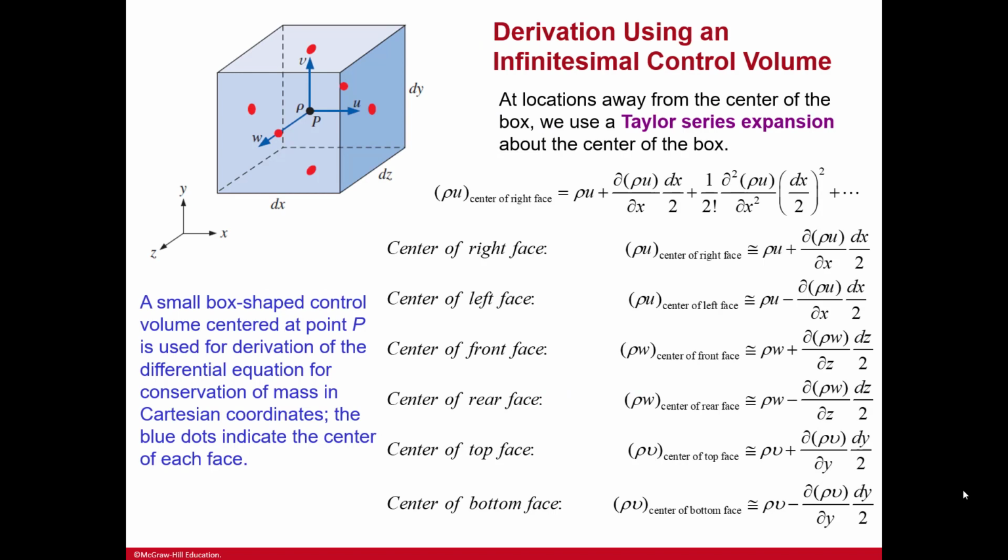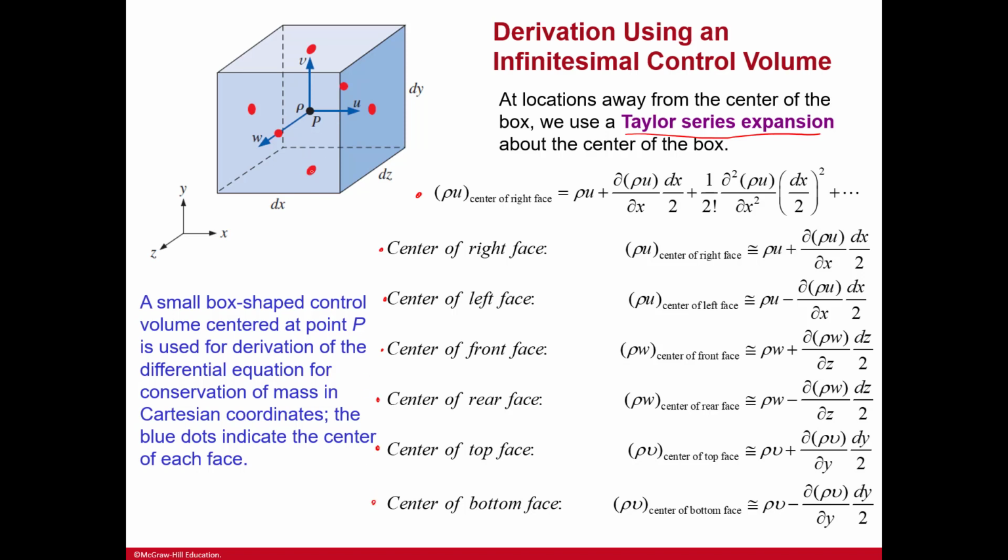And then looking at the derivation using an infinitesimal control volume. So when we're looking at locations away from the center of the box, we use the Taylor series expansion, regarding the center of the box here. And then that gives you each one depending on the location. So you can see center right of the face, center left of the face, center front of the face, center rear of the face, center top of the face, and center bottom of the face.